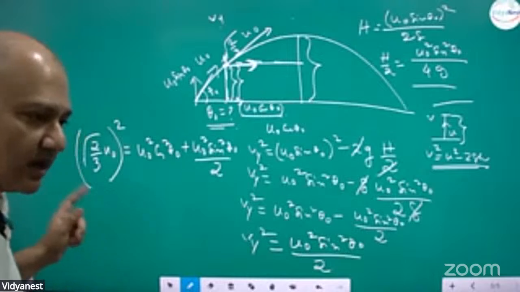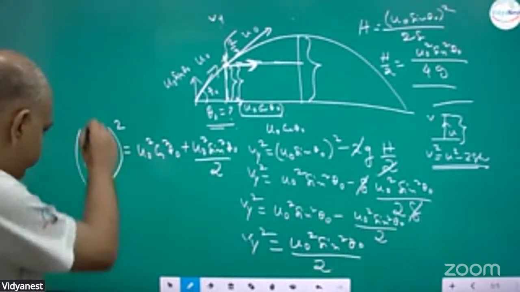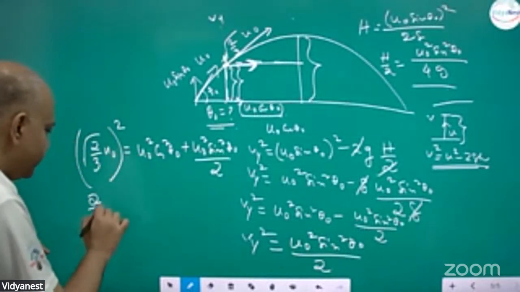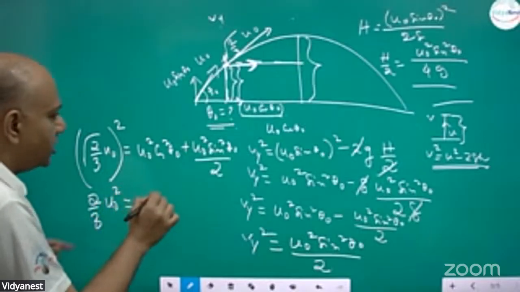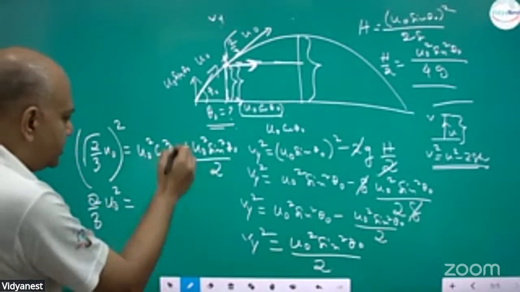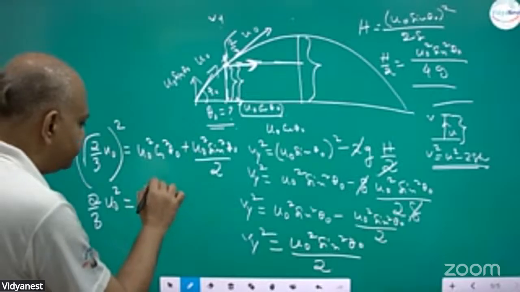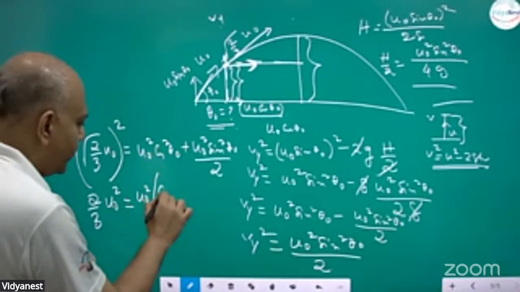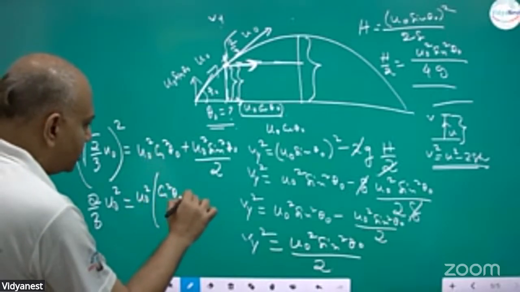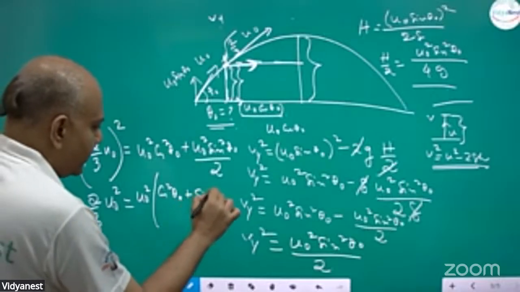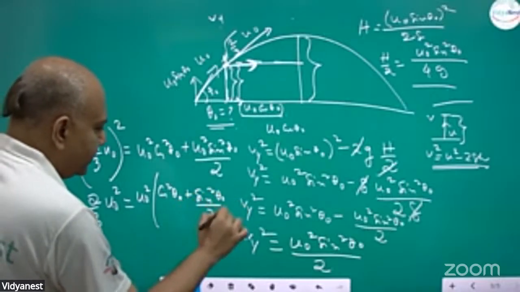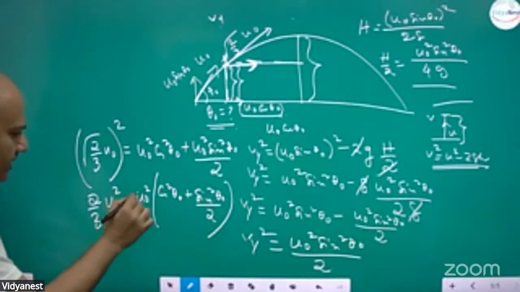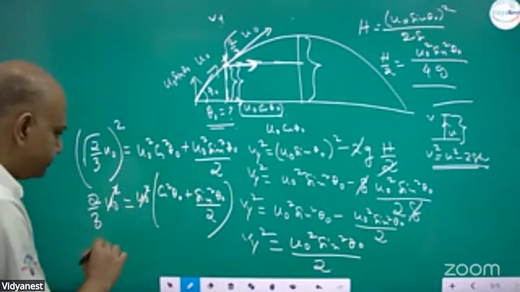Yes, sir, got it. So 2 by 3 u naught square is equal to u naught square common, cos square theta naught plus sine square theta naught by 2. So here u naught square cancels out.